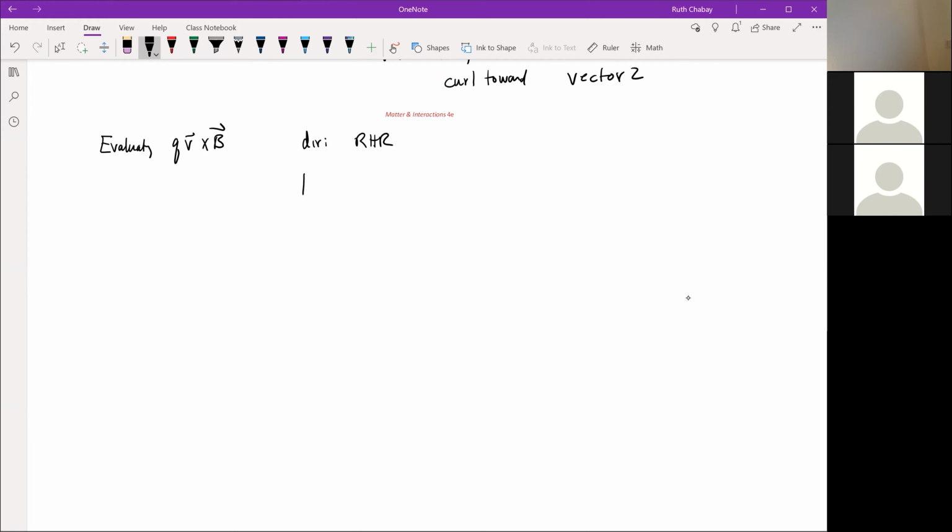And the magnitude is, of course, the magnitude of QV cross B, which is the absolute value of Q, magnitude of V, magnitude of B, sine of theta, where theta is, of course, the angle between V and B, and theta is always the smaller of the two angles.